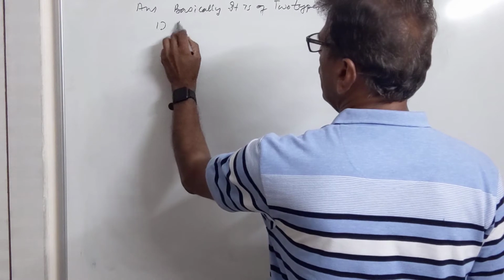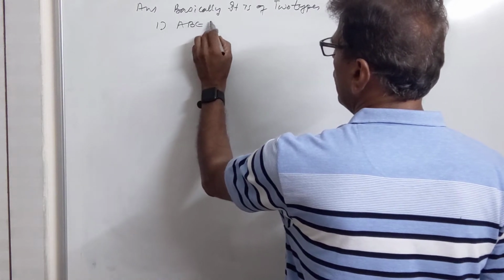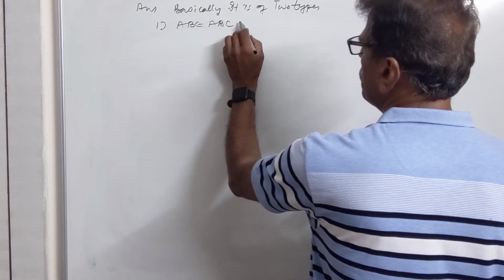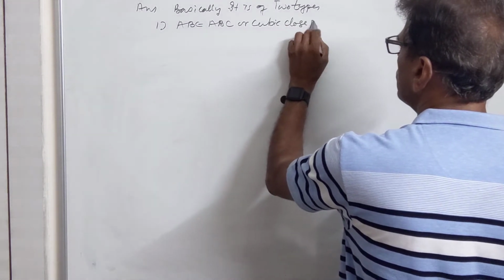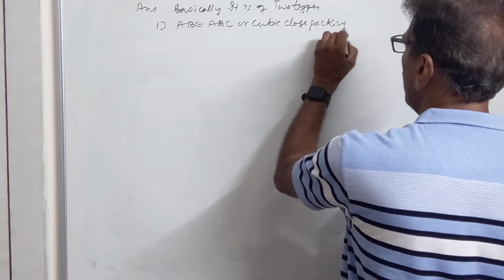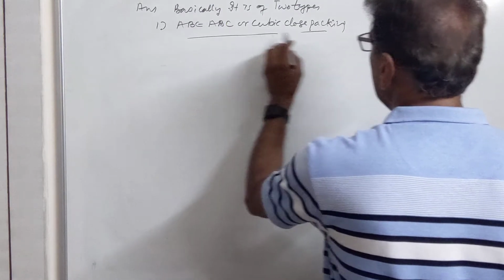Number one is ABC type of packing or cubic closed packing. It is in 3D.